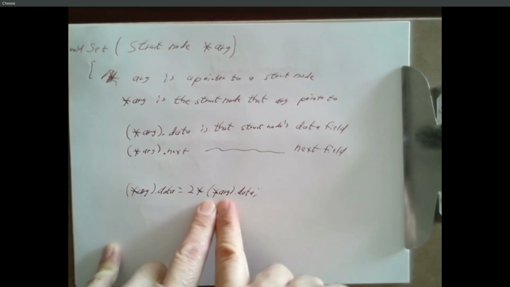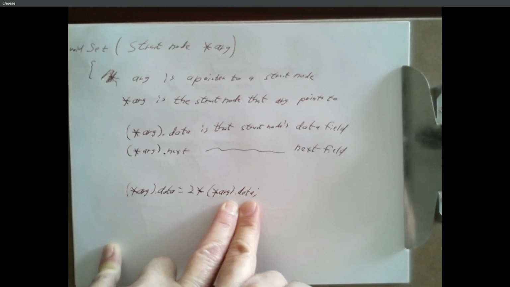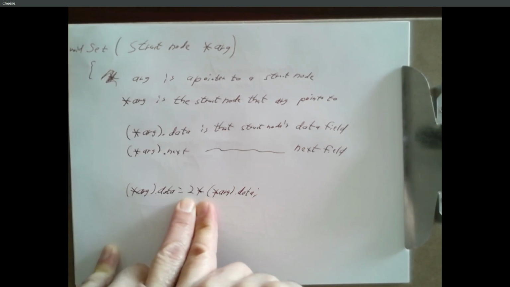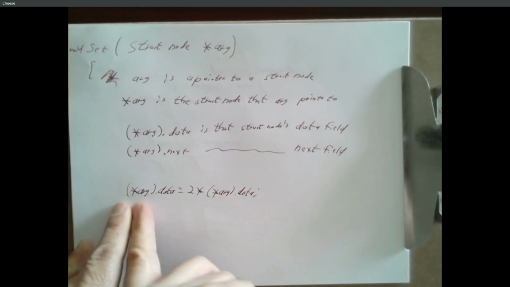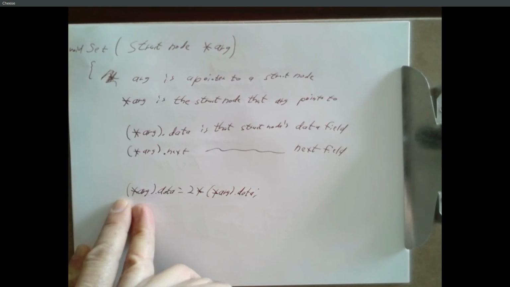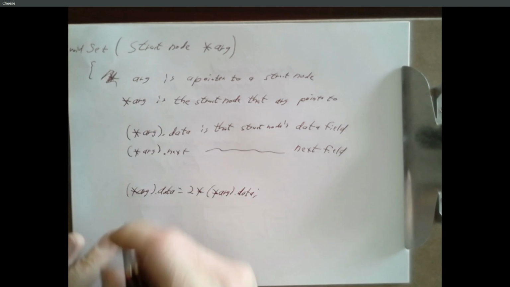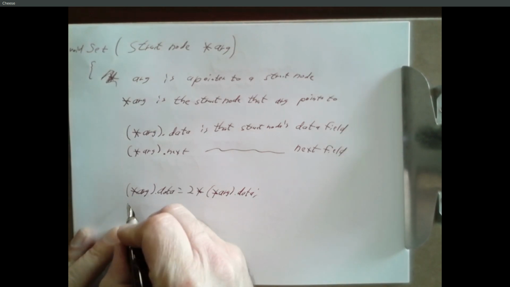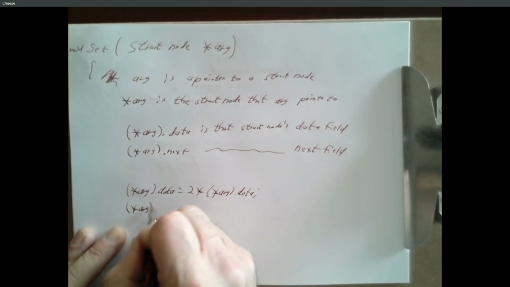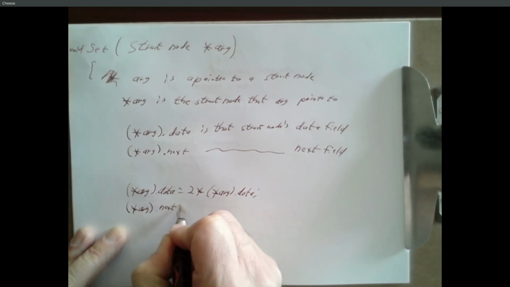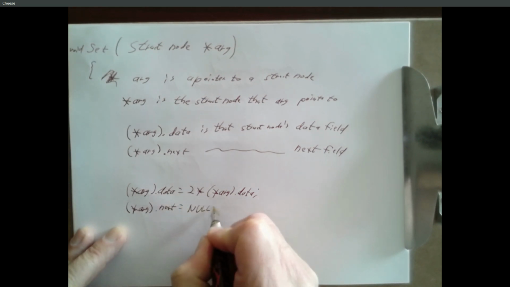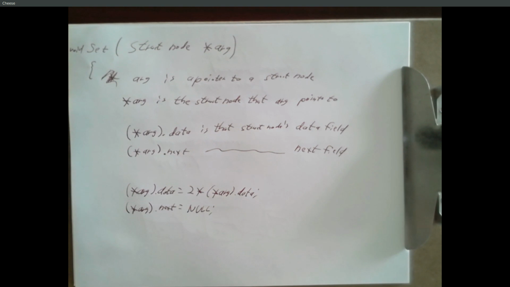Take the thing that arg points to, grab the data field, multiply by 2, write that into the data field of the thing that arg points to. And then to set the next field to null, it's just that.